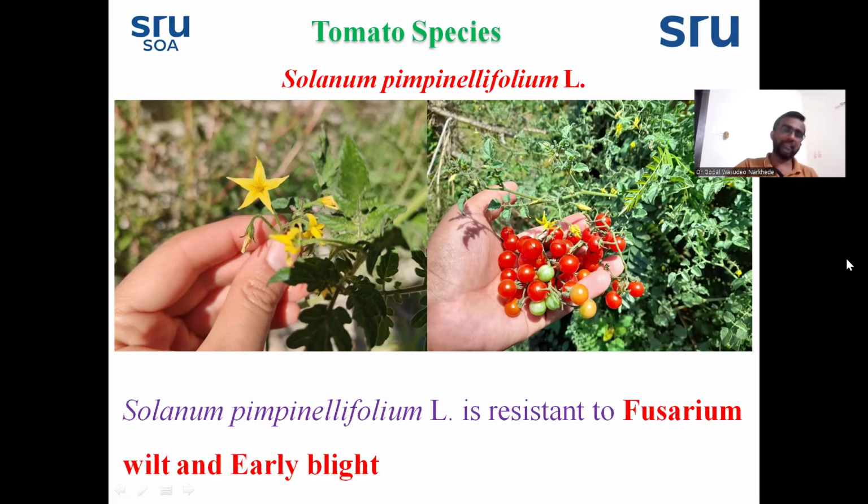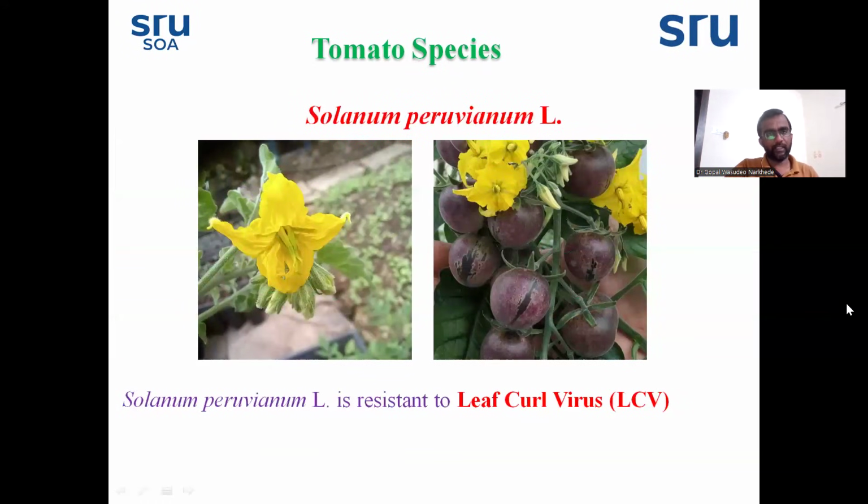Here you can see the small-sized fruits. The next is Solanum peruvianum, which is closely related to cultivated tomato. Solanum peruvianum is resistant to leaf curl virus. Here you can see the fruits with green to purple color.